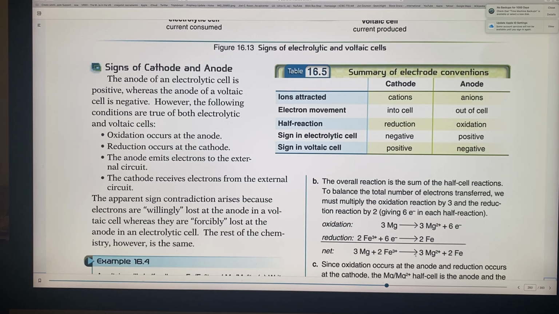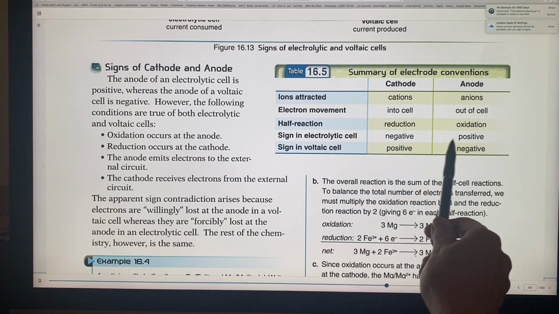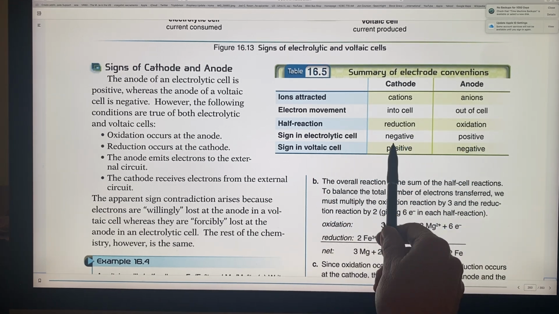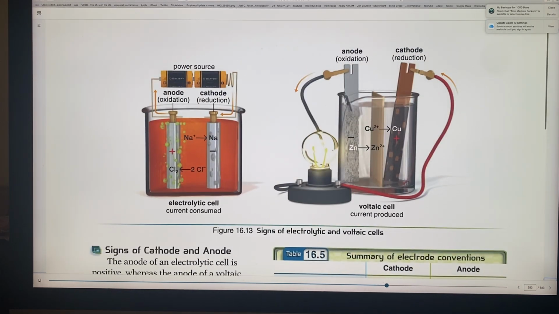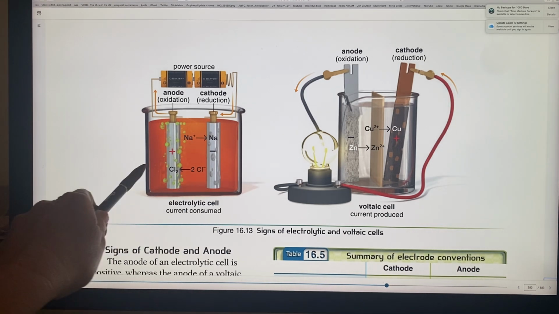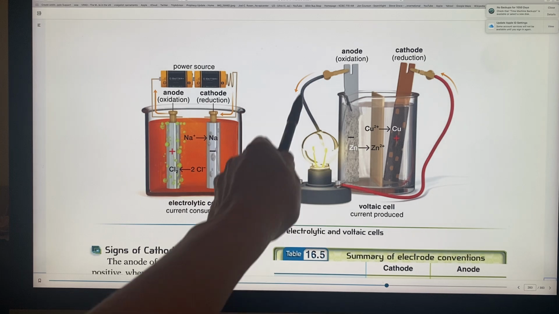Anyway, the rest of the chemistry is the same except for this sign. It's kind of weird that they're willingly lost in the voltaic cell and forcibly lost in the electrolytic cell. They're forcibly lost in this one, and willingly lost in this one.